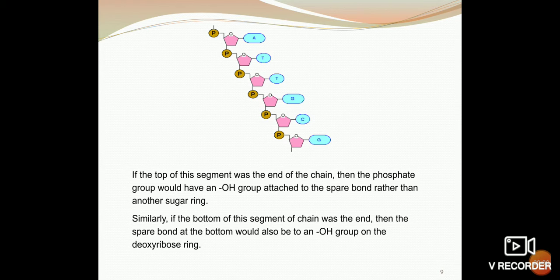Similarly, if the bottom of this segment was the end, then the spare bond at the bottom would also be the hydroxyl group of the deoxyribose ring of the sugar moiety.